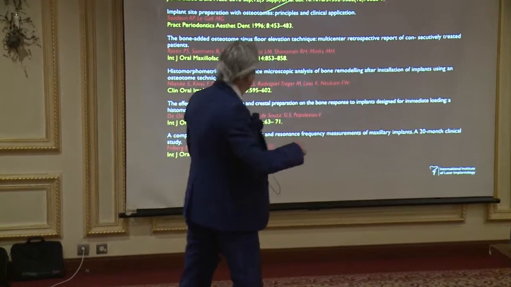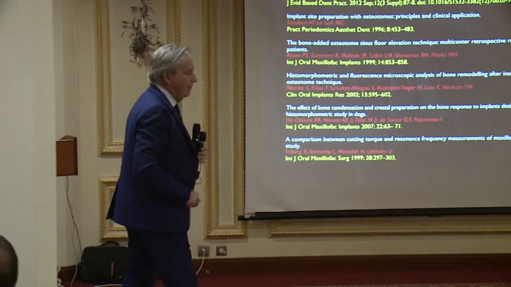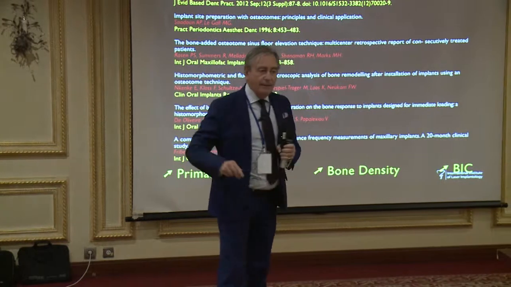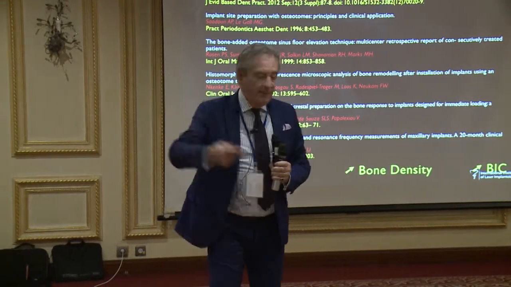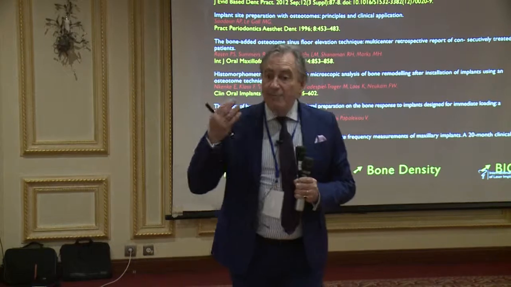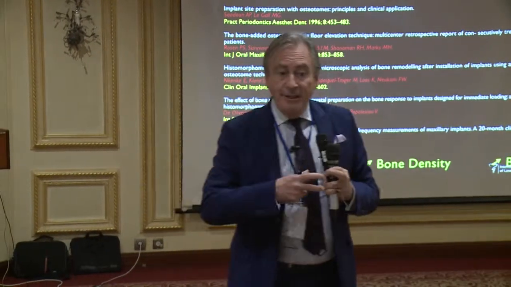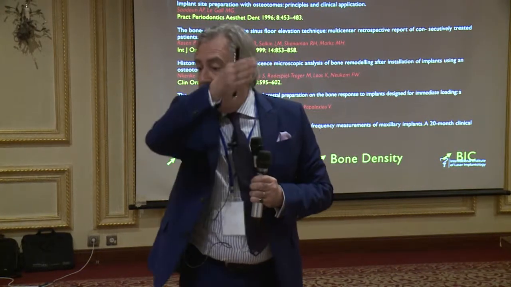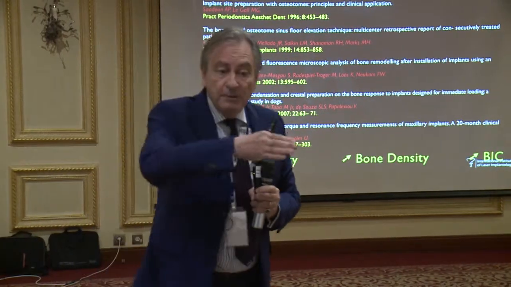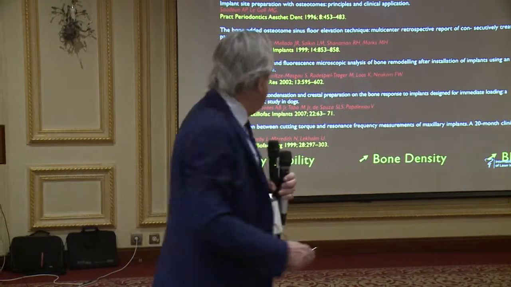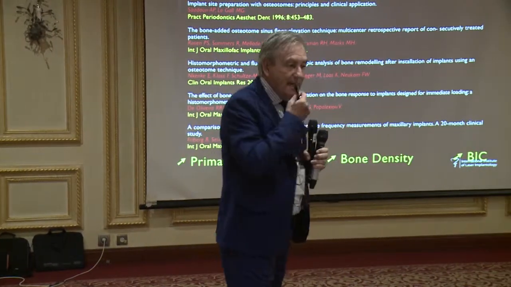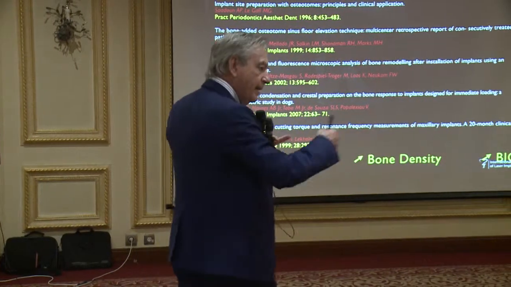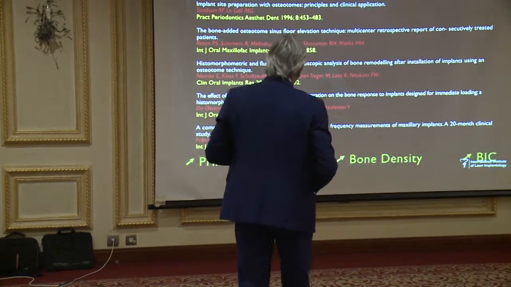Again here, numerous publications about flapless surgery, and they all conclude in rising the primary stability, gaining in bone density, which is logical. If you can densify the bone, then the density will shift from D4 to D3, and maybe to D2. And we raise this famous BIC, bone-implant contact, the surface between the implant and the bone.